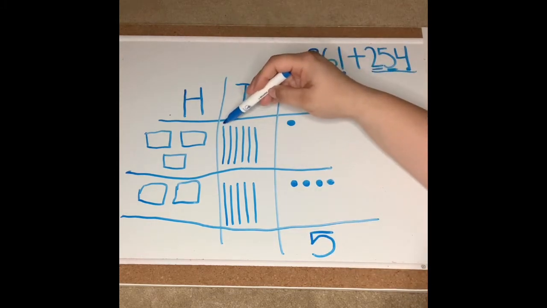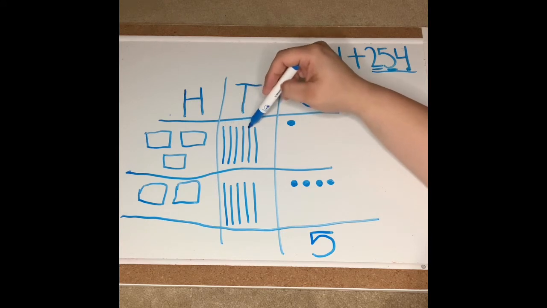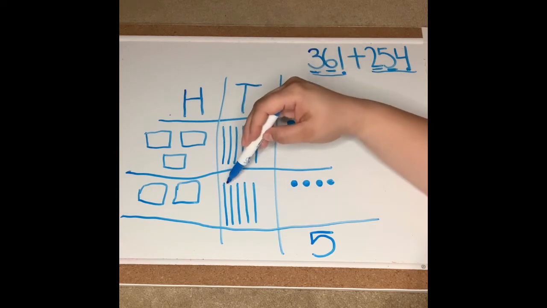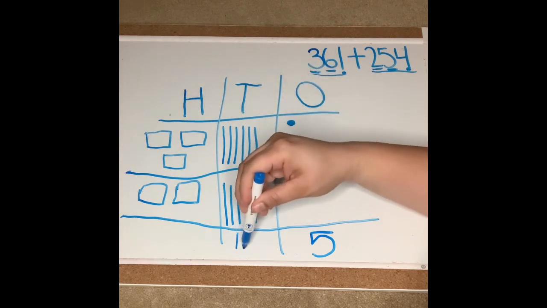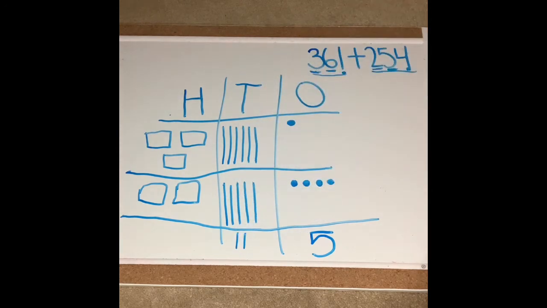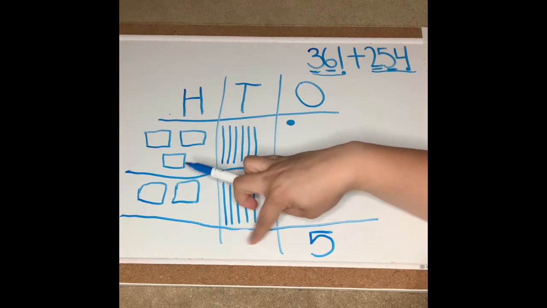How many 10 rods do we have? 1, 2, 3, 4, 5, 6, 7, 8, 9, 10, 11. Can we have 11 in our tens place? No, we can't have 2-digit numbers in our tens place.